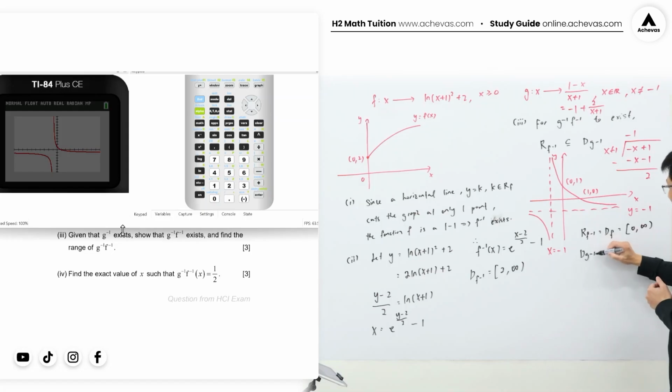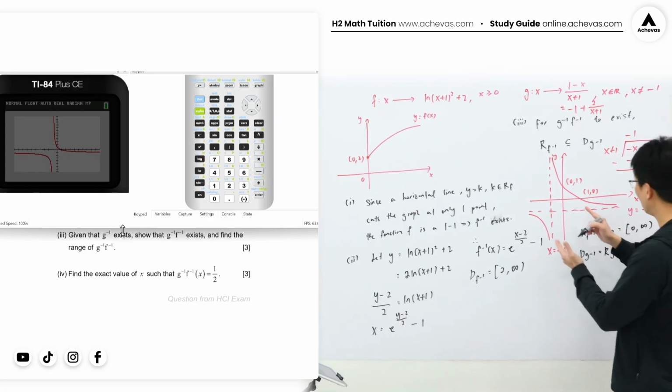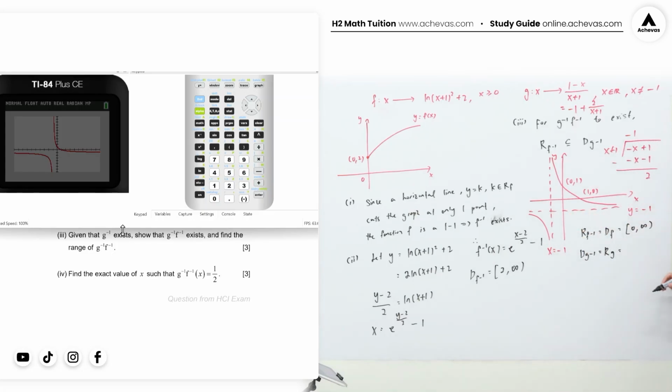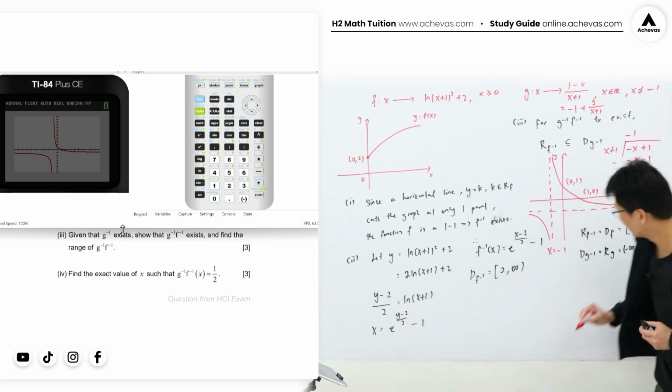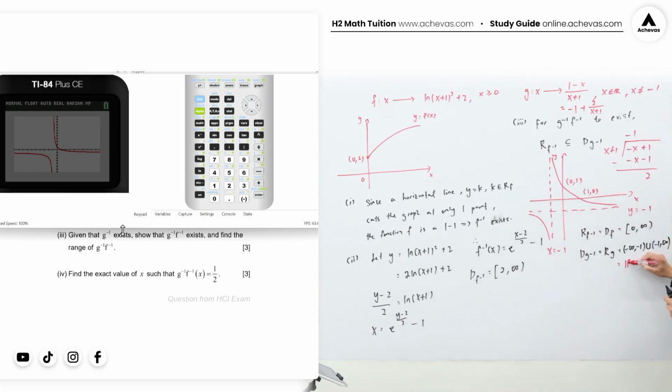So domain of G inverse is equal to range of G. And we can see that the range, in fact, will be every single value except for y equal to minus 1. So I can write from minus infinity to minus 1 union with minus 1 to infinity. Although you can also write something like this, which is all real numbers excluding minus 1.